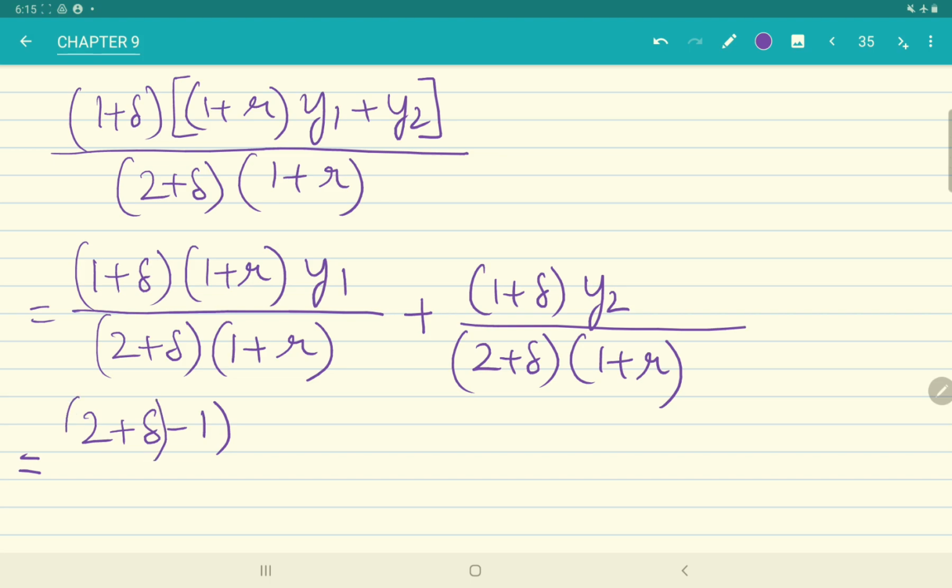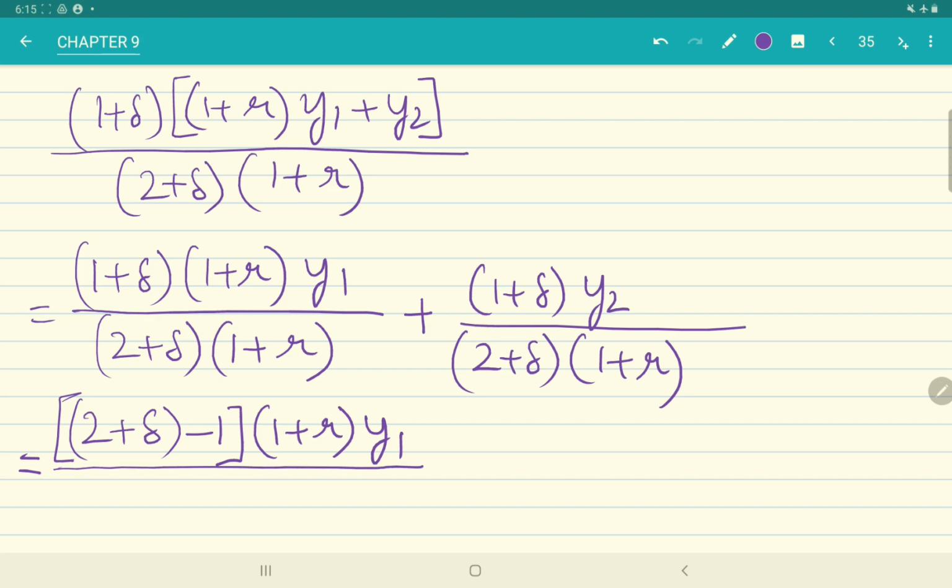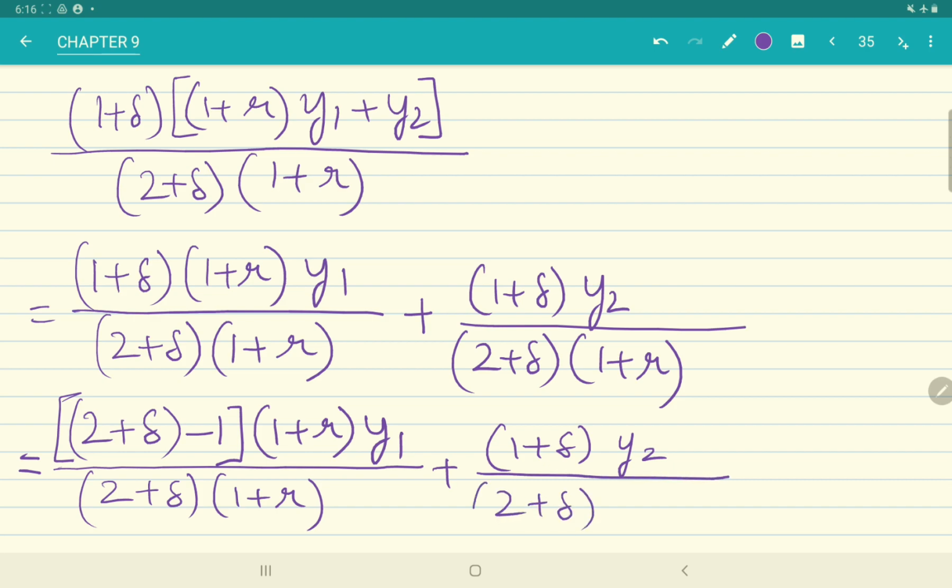I can write it this way: (2 plus delta minus 1)(1 plus r) y1 divided by (2 plus delta)(1 plus r) plus (1 plus delta) y2 by (2 plus delta)(1 plus r).